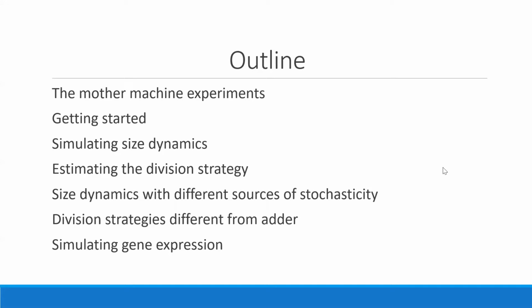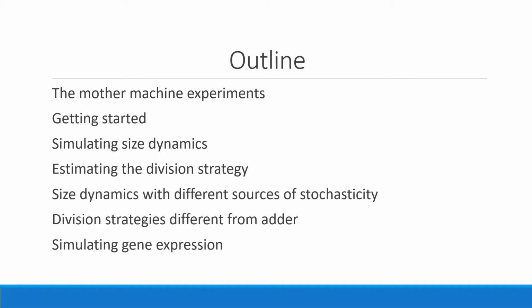In this tutorial, I'm going to explain first the mother machine experiments. The mother machine is the main device used to track single cells and to explore the size dynamics of E. coli bacteria. Then we are going to get started using PyEcoLib, simulating size dynamics and estimating the division strategy of E. coli.